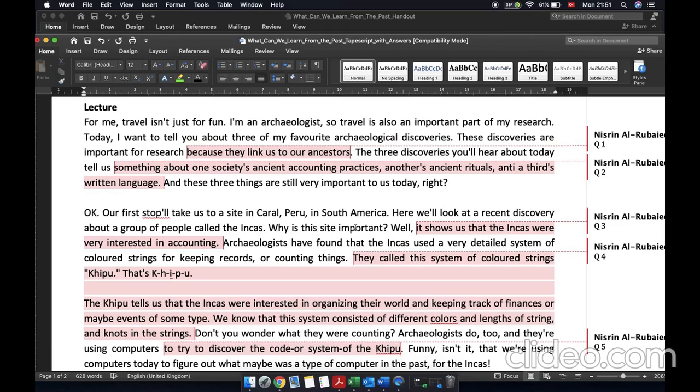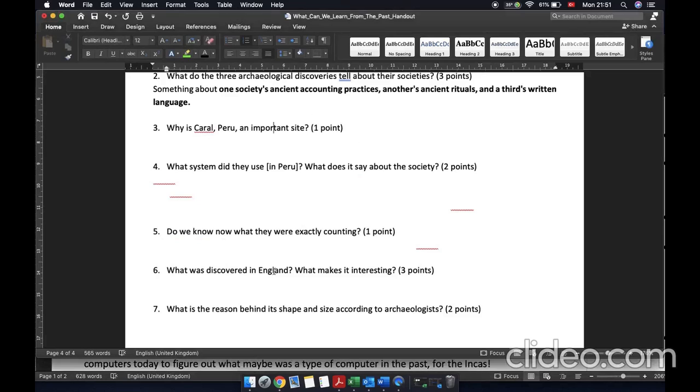Why is this site important? Well, it shows us that the Incas were very interested in accounting. So this is the answer for the third question. So, this site is important because it showed Incas were very interested in accounting.